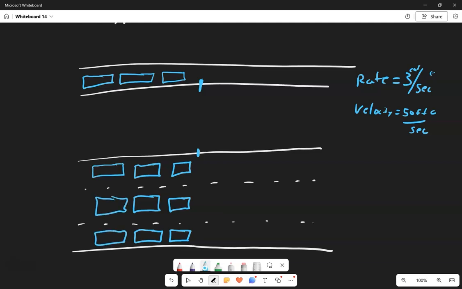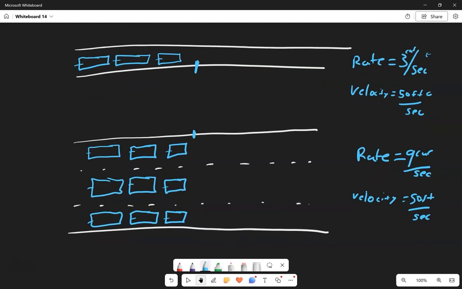Now, if we did so and we kept our velocity the same, velocity is the same, so our velocity is equal to 50 feet per second. Our rate, because we can get 3 deep essentially, 1, 2, 3, 1, 2, 3, on all 3 lanes. So now all of a sudden my rate is 9 cars per second.